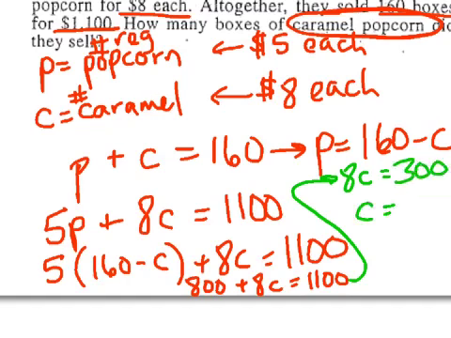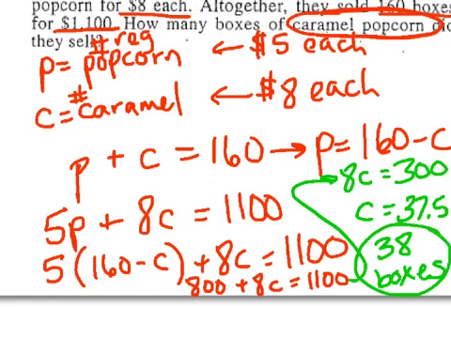Divide by 8, and you get 37.5. So if this is an ACT, you're going to either round that up or round it down depending on what you're asked for. But this is going to end up being, we'll call it 38 boxes. Alright, and that is it.